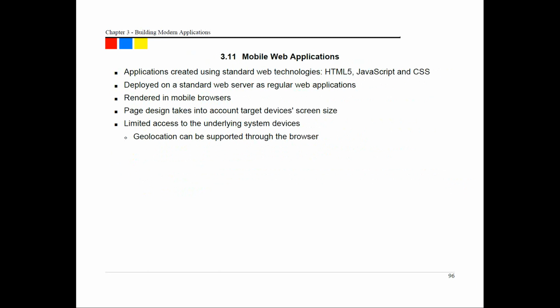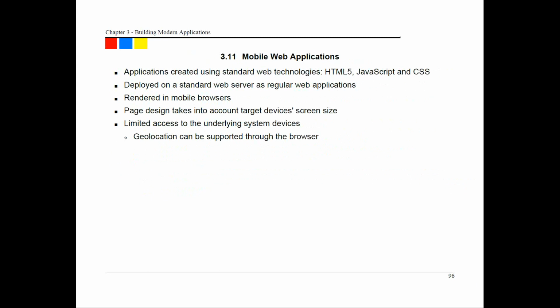Typically, a mobile web app will have limited access to the underlying system devices. If we're running an app in the browser, it doesn't have access to the camera, and has limited access to things like the accelerometer, the orientation of the device. Now you can use things like the location.